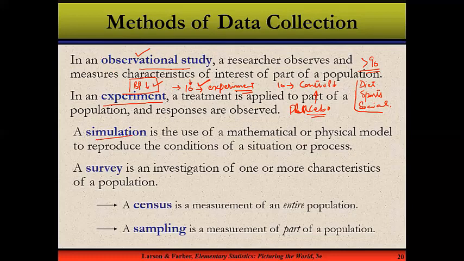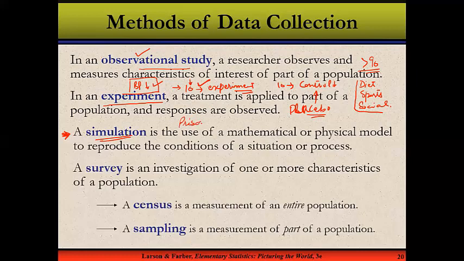Then we have simulations. By simulation we mean that we try to copy the actual natural environment in a confined environment. Okay, for example, you want to see how people behave within prison. So the Zimbardo experiment, I think this is the name of the experiment, the Zimbardo prison experiment.